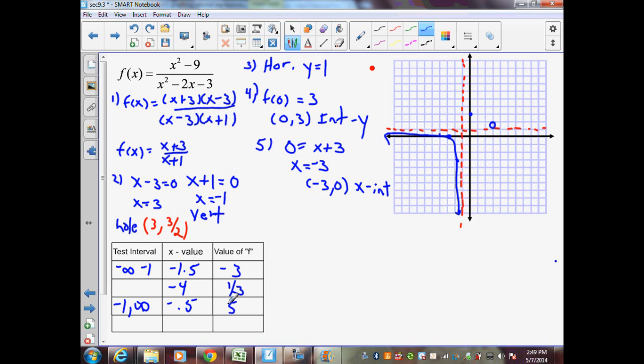So (-1/2, 5). And that gives me a pretty good look of my function from negative 1 to positive infinity. And notice I still did not fill that in because my function's undefined at that location.